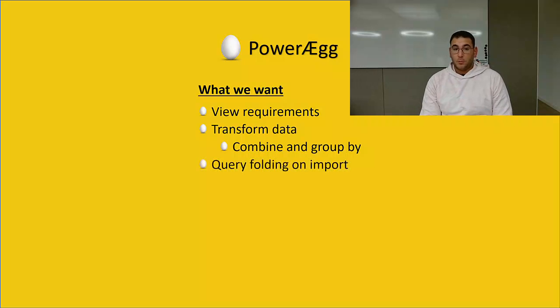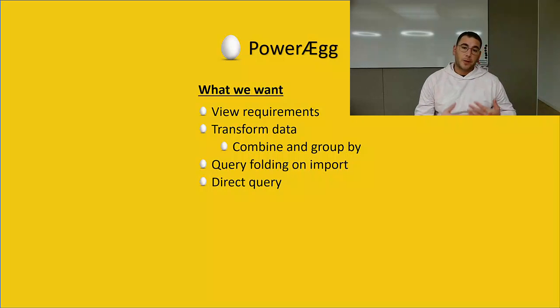And we definitely want query folding on import mode, for performance purposes. And because we are dealing with log data and it is so much data, it might be a big data scenario, we would also like to test direct query mode to see if there's any way of doing this and having direct query mode.